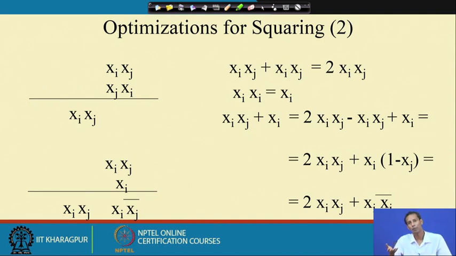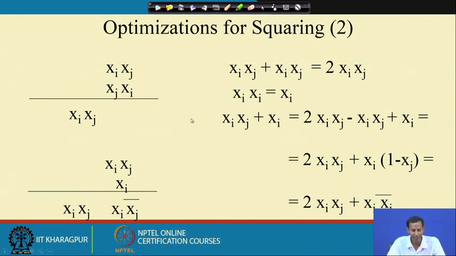Saving more gates means I can reduce the logical complexity, and reducing the logical complexity gives savings in power consumption, as well as sometimes an improvement in speed too. It is not the case that all the time I will get the benefit in speed, I may not, but here I can get an improvement in speed.